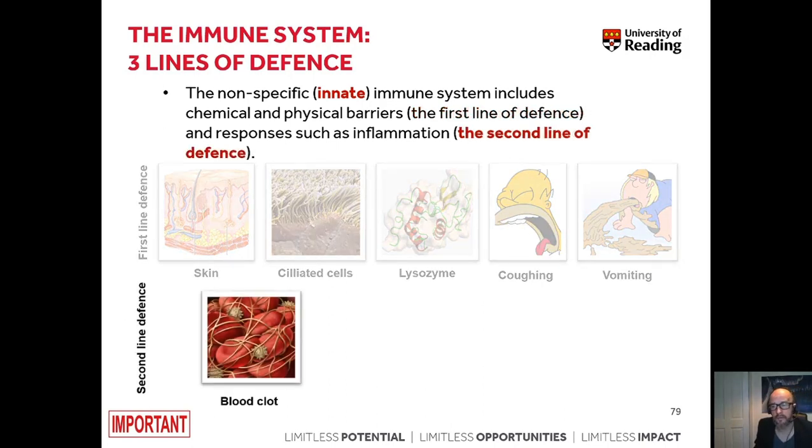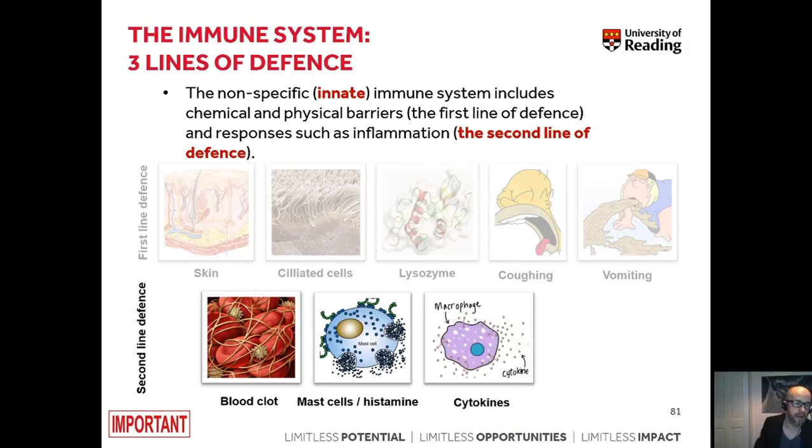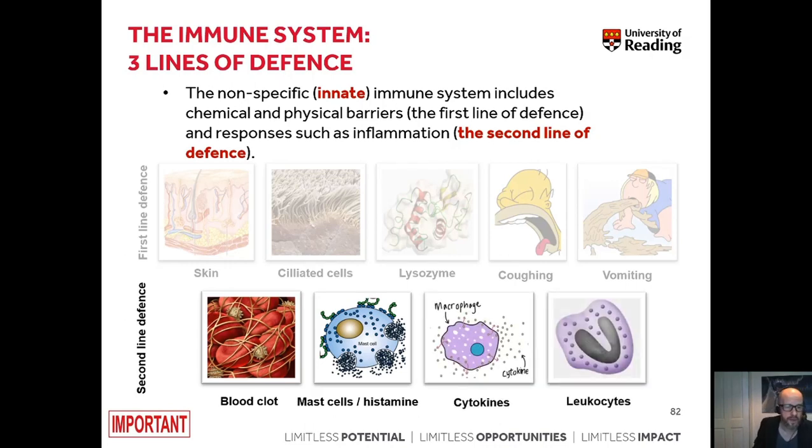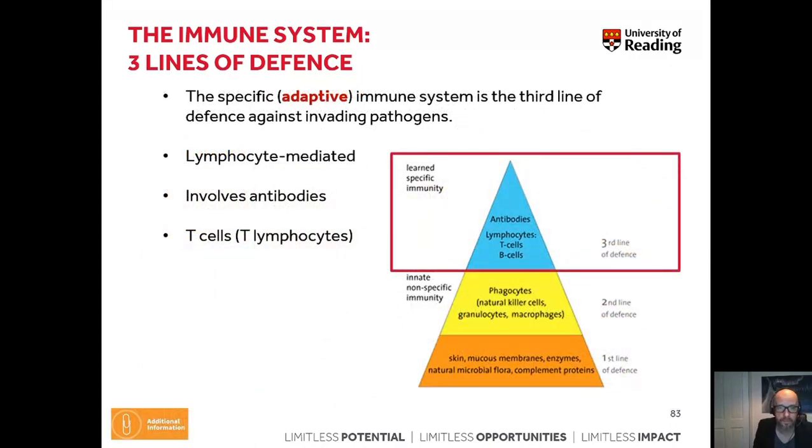The second line of defense, also belonging to the innate immune system, includes the formation of blood clots if a pathogen is detected by the system, release of histamine by mast cells, release of cytokines by macrophages, and action of leukocytes. Those are all very specific mechanisms and barriers that belong to the innate immune system.